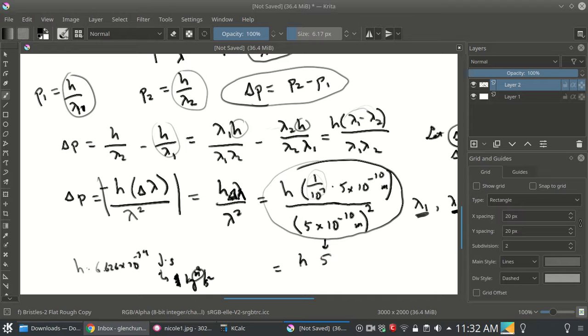So that's going to be 5 times 10 to the minus 17, that's a 17 there, not an n, that's a 17, meters divided by, and now this is going to be 25 times 10 to the minus 20. Wow. That's a big number.